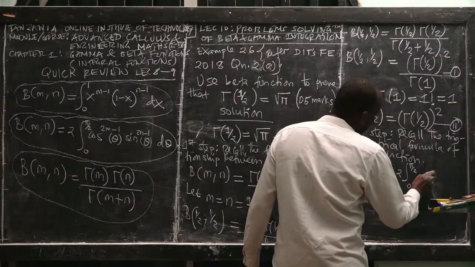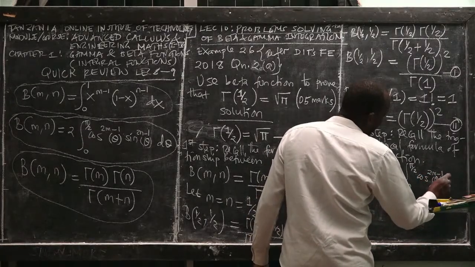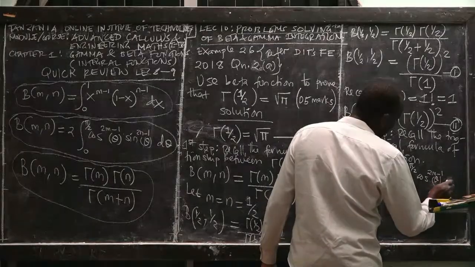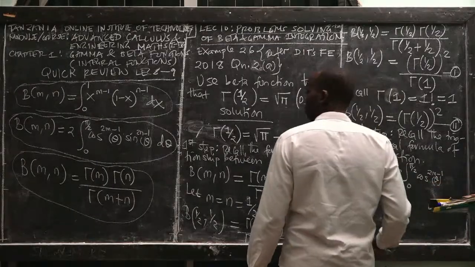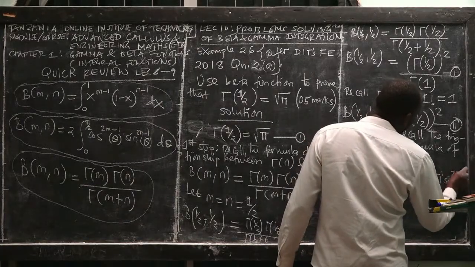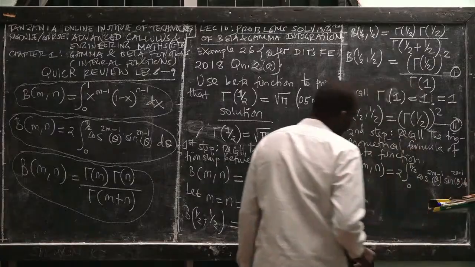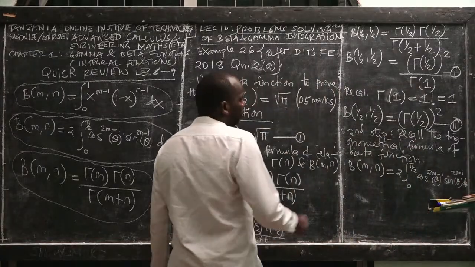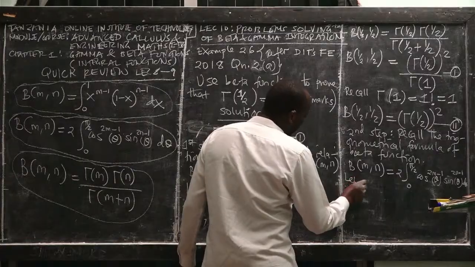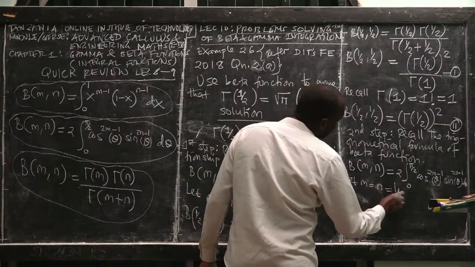Then cosine of 2m minus 1 theta, and then sine of 2n minus 1 theta, d theta. Remember that we let m is equal to n is equal to a half.